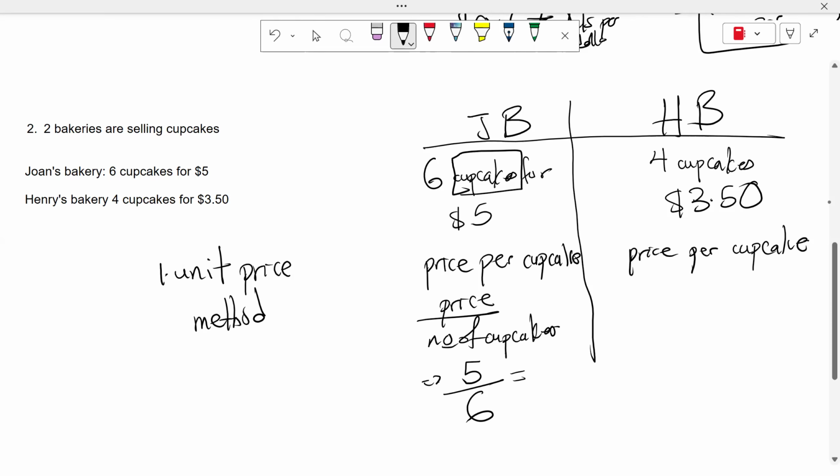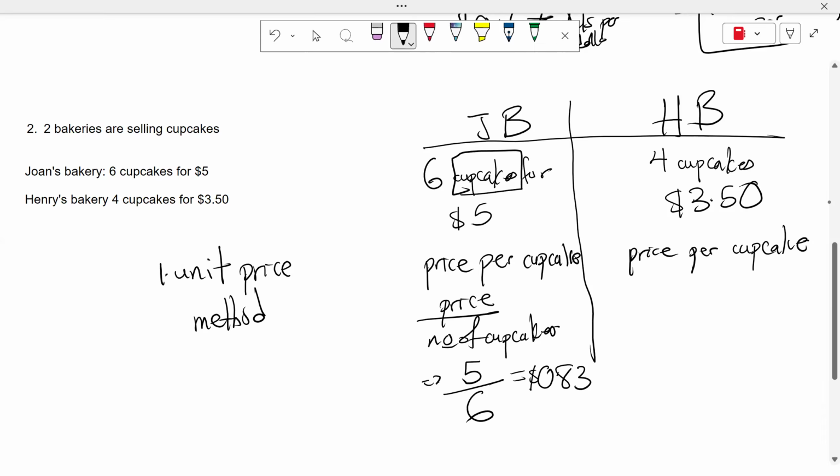So let's just say 0.83 dollars per cupcake. That's the unit price. So we're saying $0.83 per cupcake.